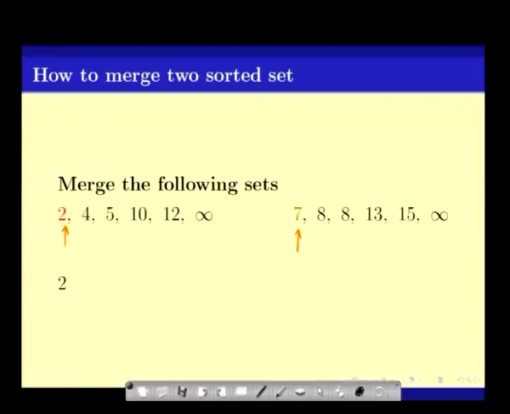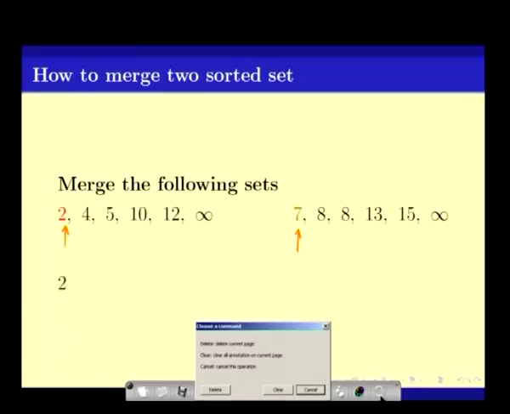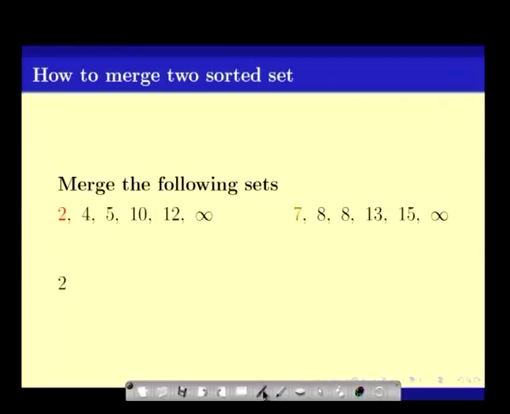Now, once we are done with 2, we can move our marker. Our marker was here, and we move it from 2 to 4, and we remove this 2. From now on we can think that this 2 is gone.